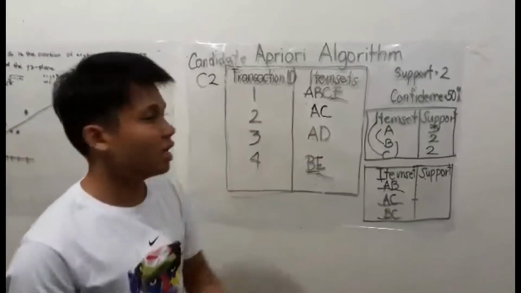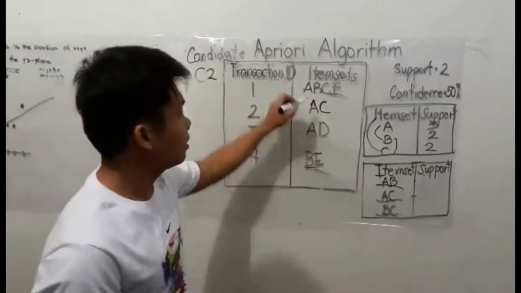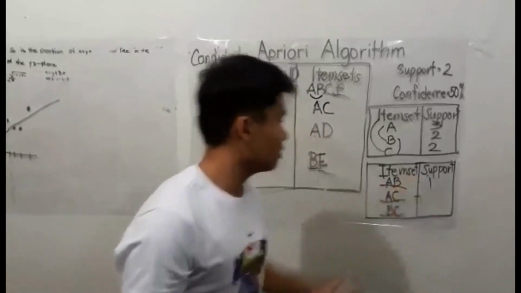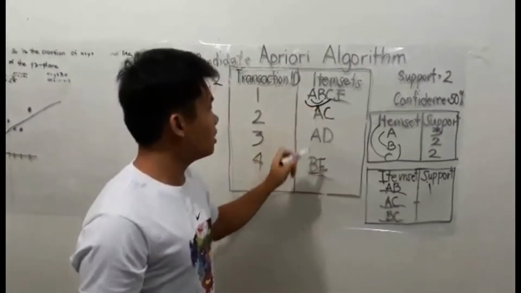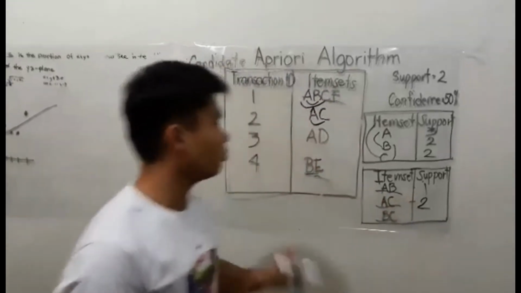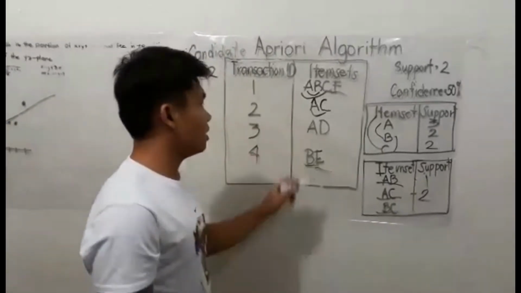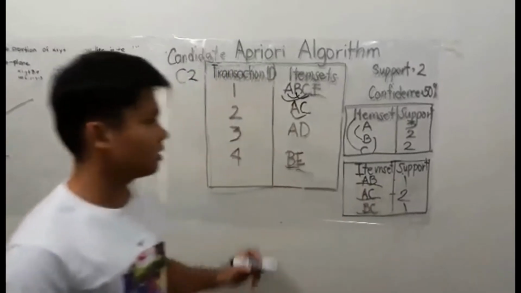As you can see, the pair AB was repeated 1 time, and AC is 2 times repeated. Then I will input 2 as the support, while BC is once repeated. So I will put 1 as the support.